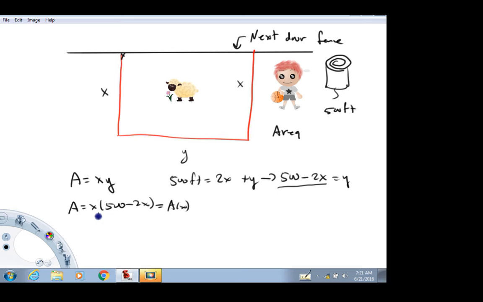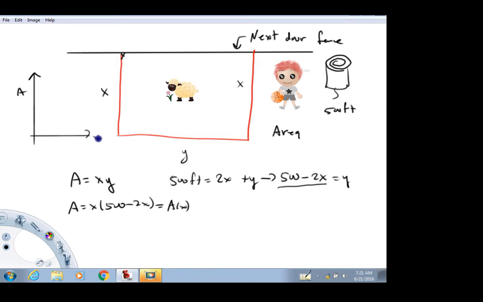Now, we'll notice that this function is quadratic, right? Because it's 500x minus 2x squared. Let me sketch a quick graph of this function over to the side here. We science people love our graphs. Math people too.